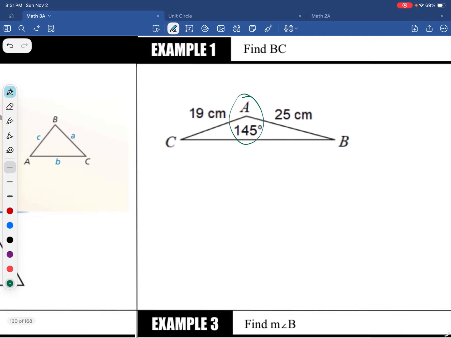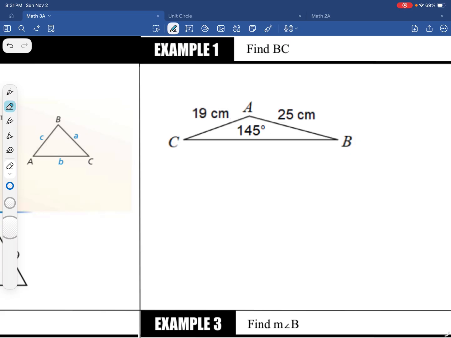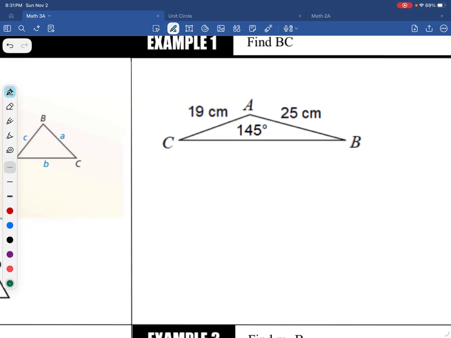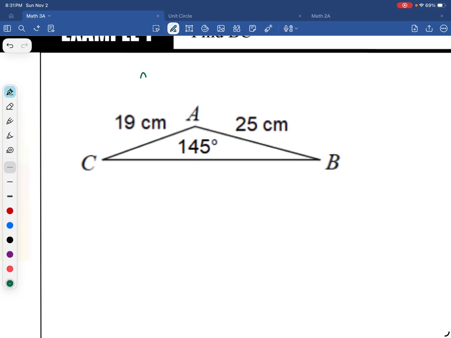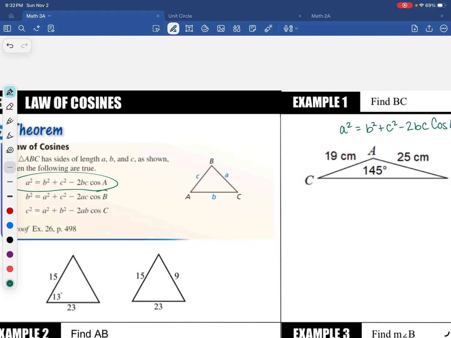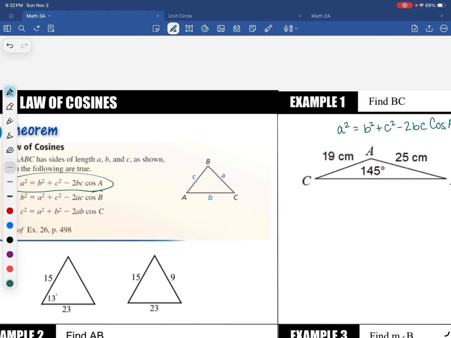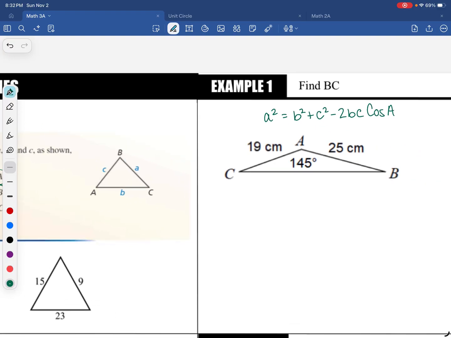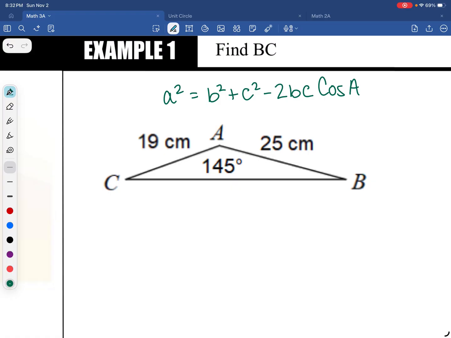I'm going to rewrite that over here so that we can refer back to it while the screen is zoomed in. We're going to use the one that's A squared equals B squared plus C squared minus 2BC cosine A. Yes, 2BC cosine A. You can probably see that you're going to want to use your calculator today, because this can get crazy.